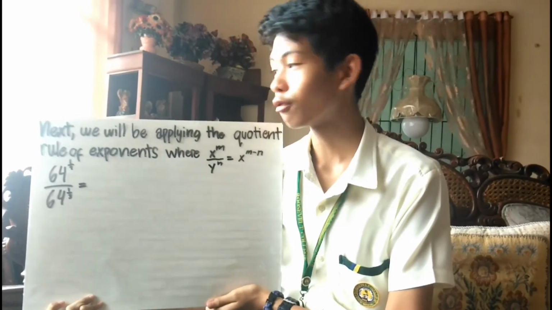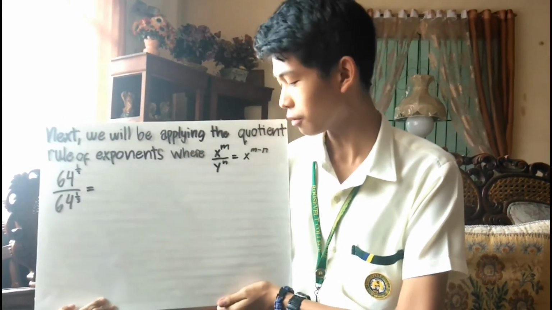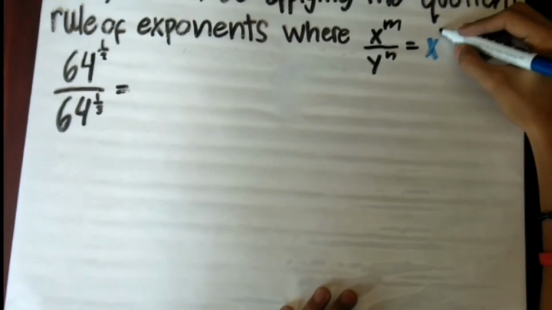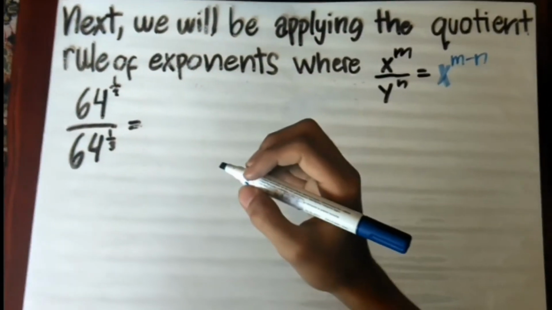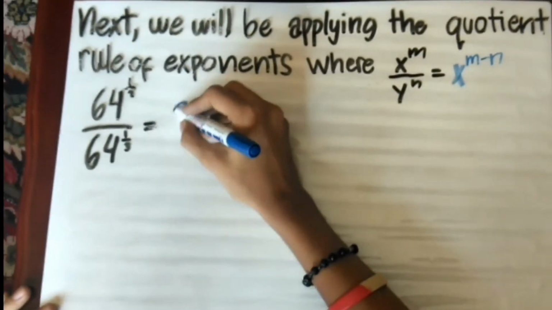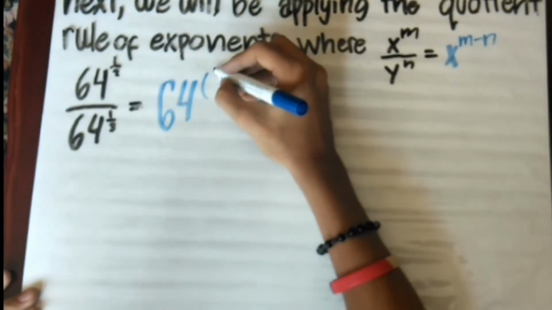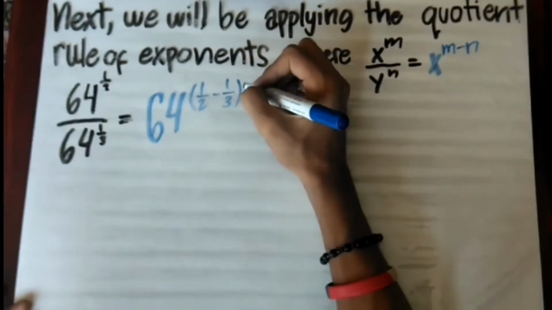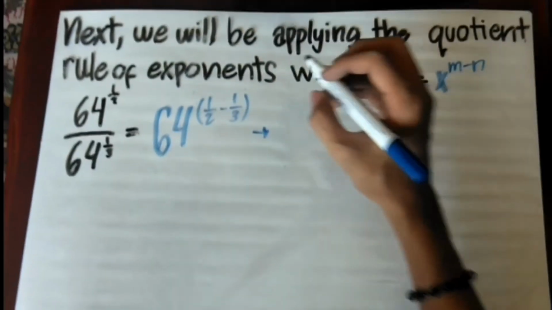Next, we will be applying the quotient rule for exponents, which is x raised to m over x raised to n equals x raised to m minus n. We copy the base 64, then subtract the denominator's exponent from the numerator's exponent, which is 1 over 2 minus 1 over 3.